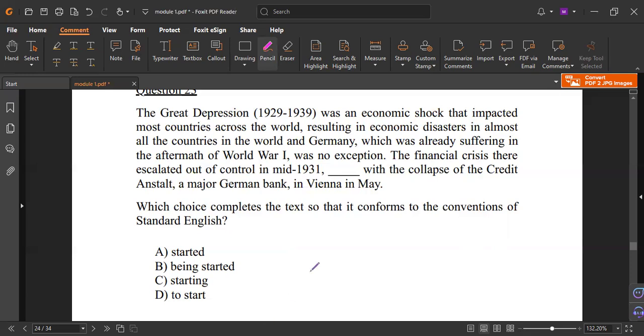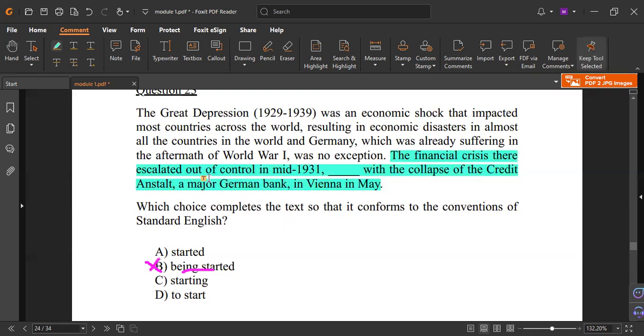We have a comma being started, it's wrong. So B is wrong. Yes or no? Yes. Right. And your sentence from the beginning to the end, this part. Let's check. Why start? The financial crisis escalated.